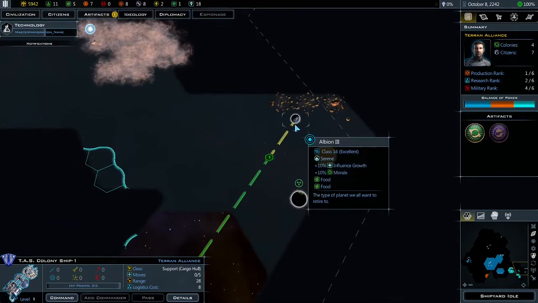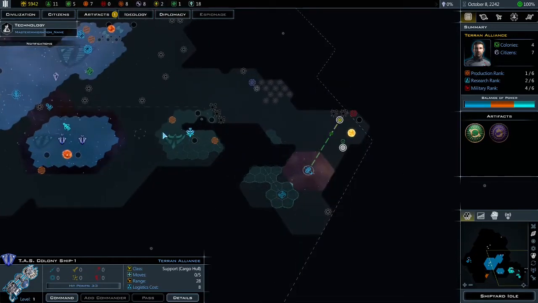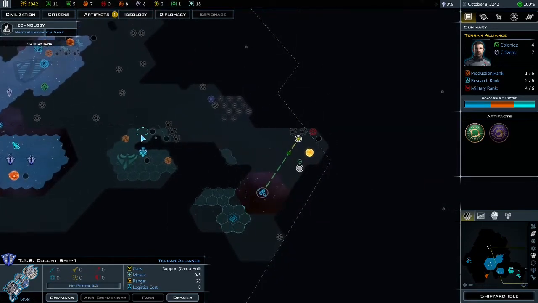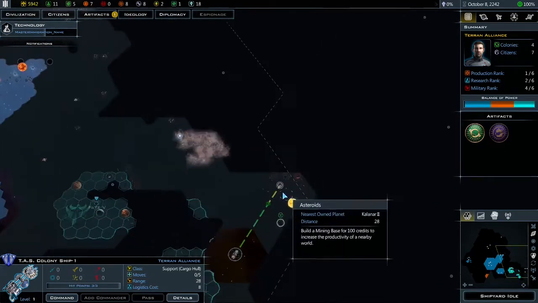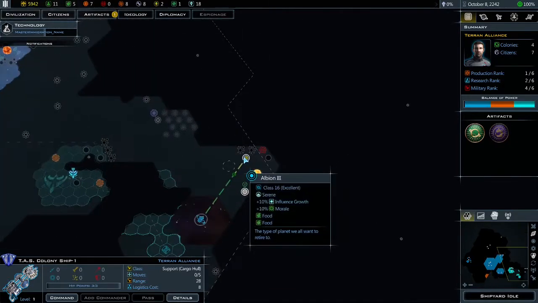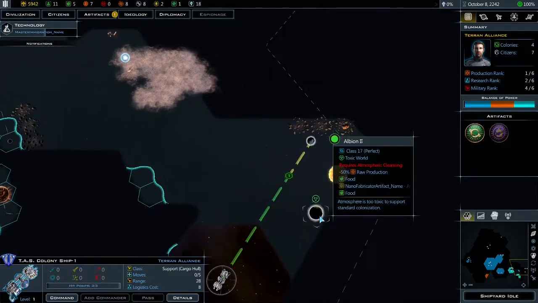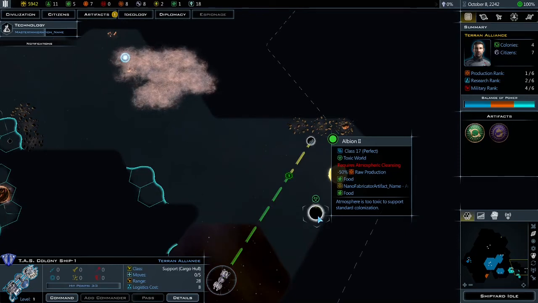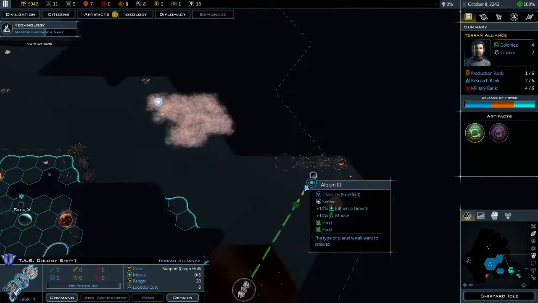Because that may actually help us, because there is a civilization here in between our colonies, and so having that will mean that we'll get influence growth in there as well, and with that we should be able to get them on our side, under our influence, and we will be able to get that perfect colony as well after we get rid of that atmospheric toxins, and that requires some research. And with that as well, we should really be influencing this area a lot.